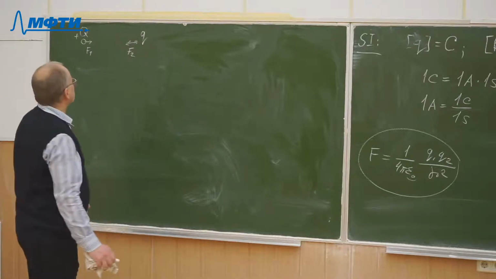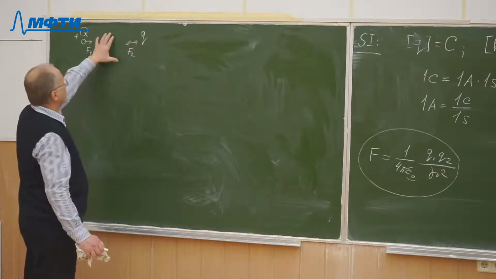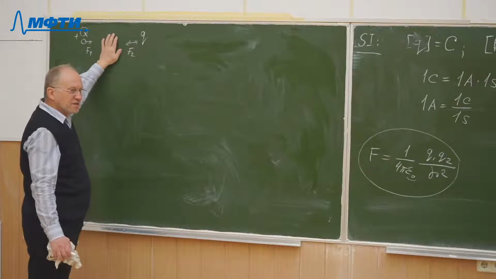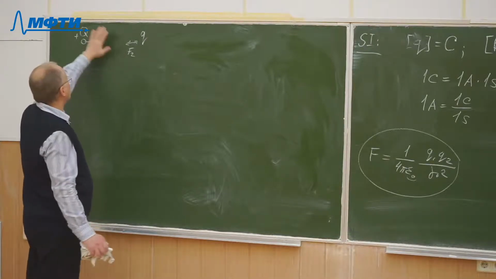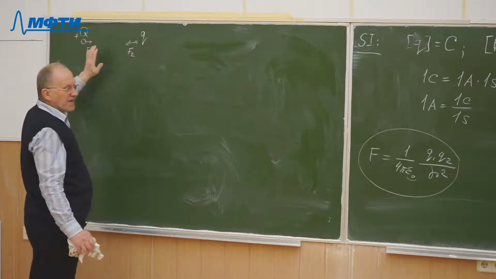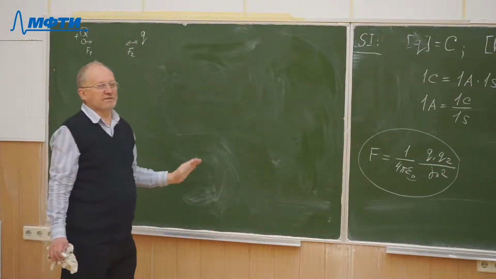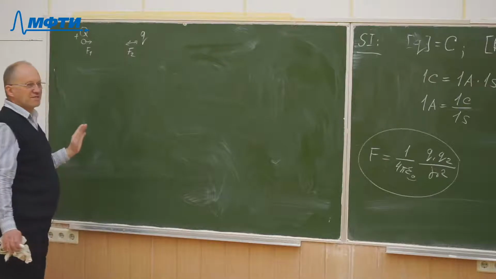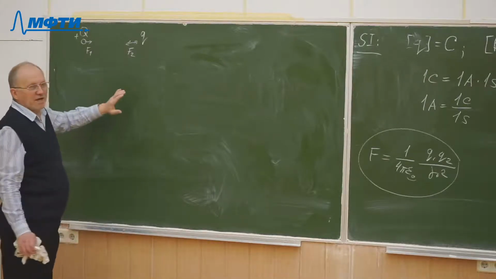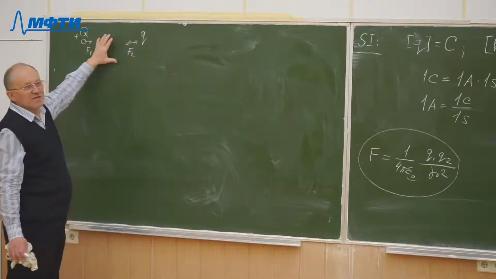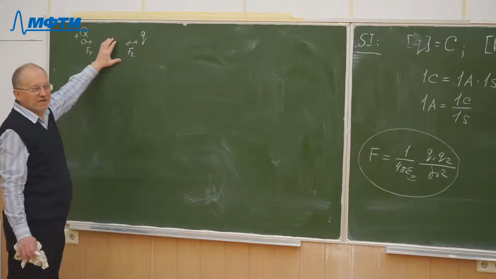When people thought about this issue, they understood that absolute emptiness does not exist. Even if we are in vacuum, vacuum is not absolute nothing. There is something in the space. And this something is called physical vacuum.